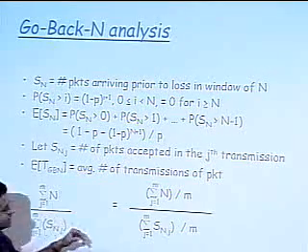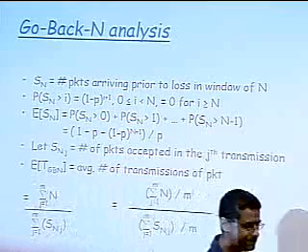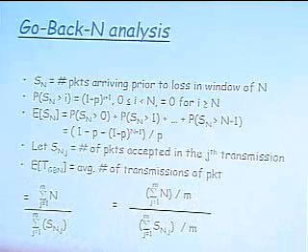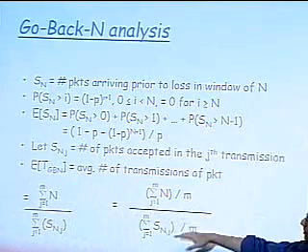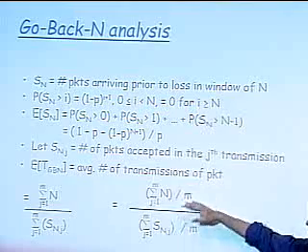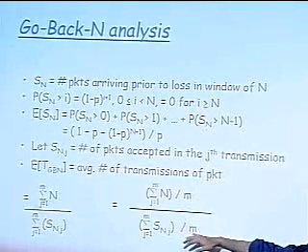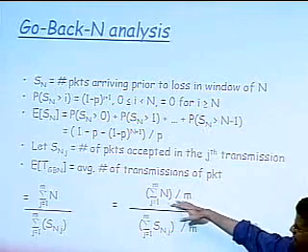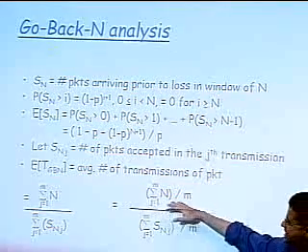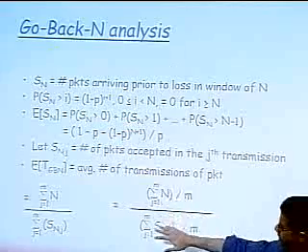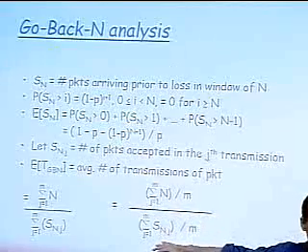So what you do is you multiply and divide both numerator and denominator by m. The numerator becomes exactly n. What is the denominator now?